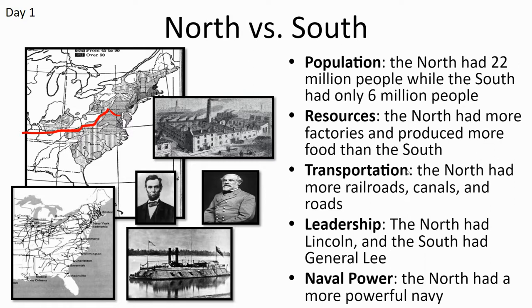However, General Robert E. Lee has a lot of power and is very trusted. He's been through a lot. He's fought in several wars before this, including the Mexican-American War, and he is the leader of the South. He is the one that makes a lot of the big decisions.